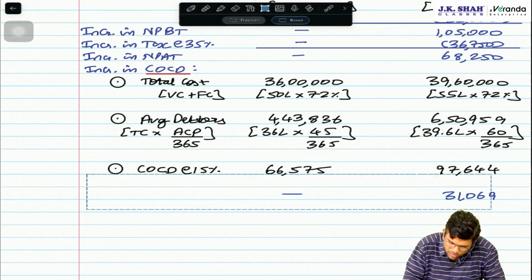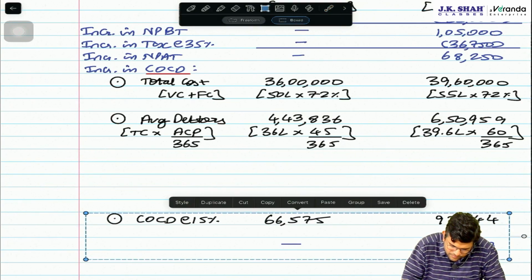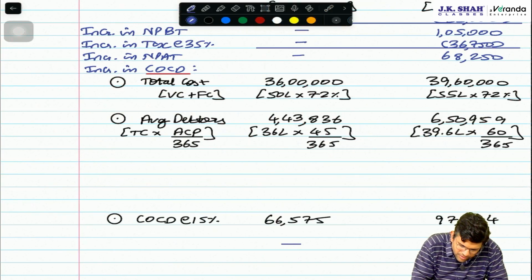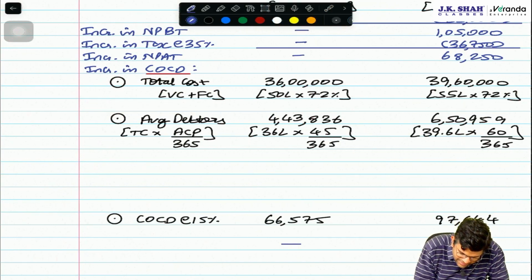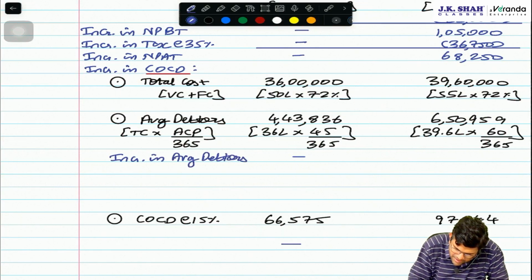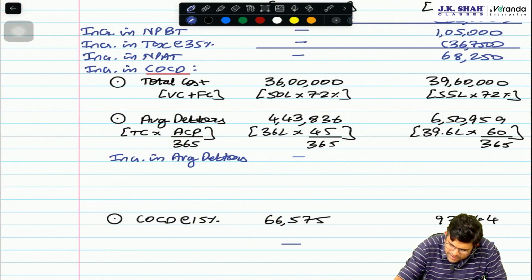I'll just push this down slightly and say the increase in average debtors will be dash, and there I will take 650,959 minus 443,836, and that comes to 207,123.